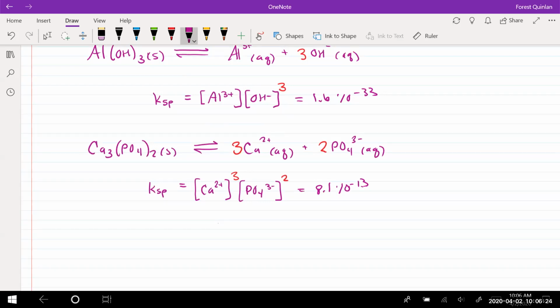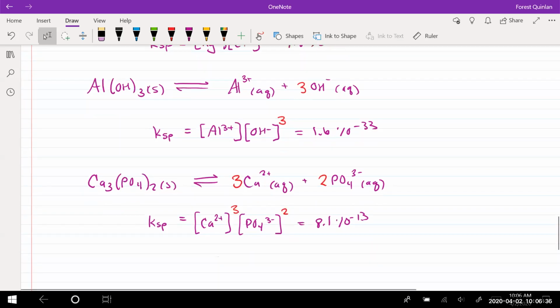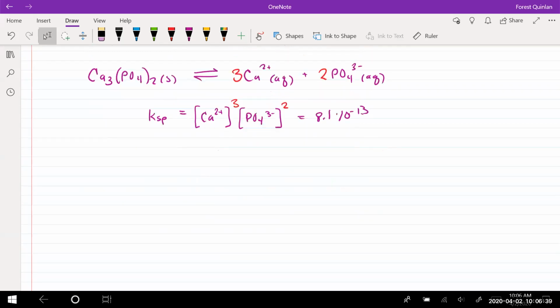So one of the things I want to point out is each one of these has their own Ksp. They will vary. Some things are more soluble than others. Let's talk about that solubility one more time. What does it mean to be soluble? And is anything really insoluble? So let's do our cool little note one more time. Soluble is a 0.1 molar solution.